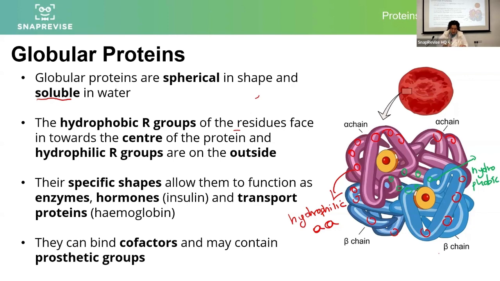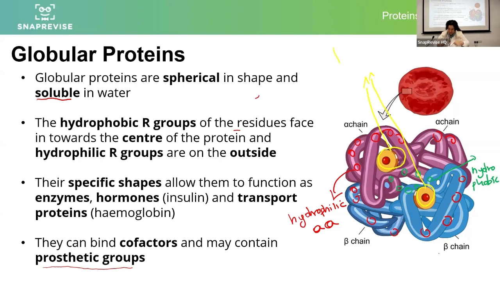They bind cofactors and many contain prosthetic groups. What is a prosthetic group? In the case of hemoglobin, the prosthetic group is this little yellow thing that you can see here. I'm using different colors so you can see that. So this and this will be my prosthetic group.